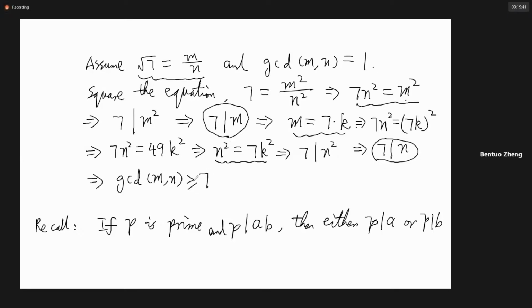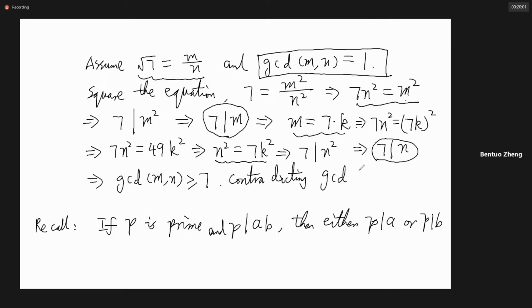So the greatest common factor would be bigger. So this is a contradiction, contradicting this assumption here, because we assume the greatest common divisor of m and n is equal to 1. Okay, so this finishes the proof, because this means the square root of 7 cannot be a rational number. So at last, this implies root 7 is irrational.